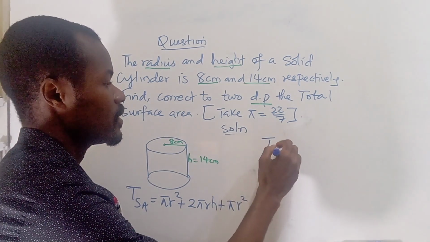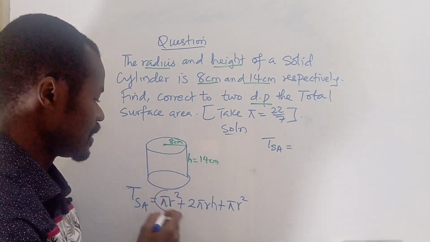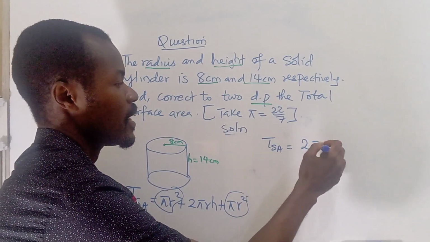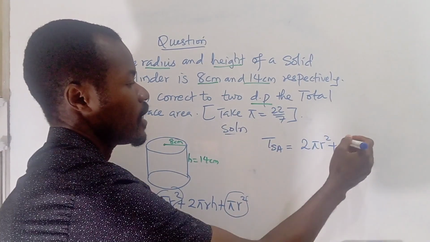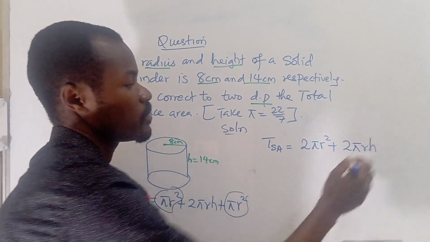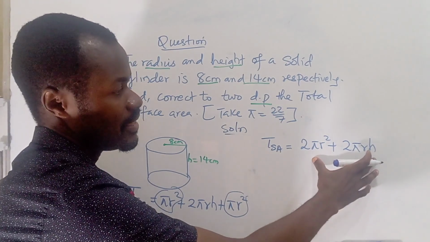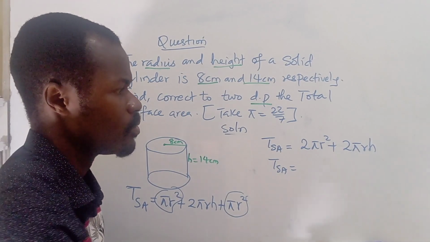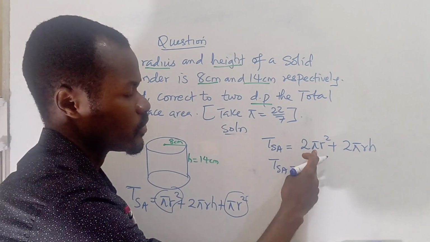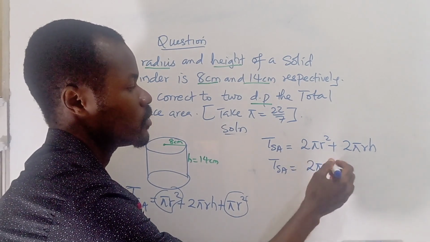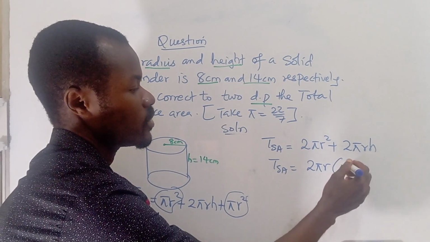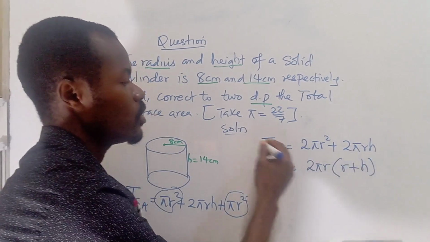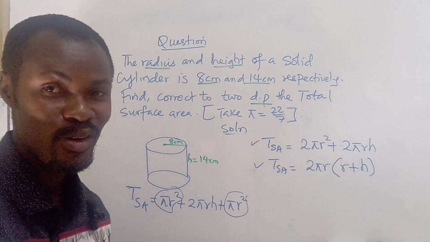Now this is similar to this, so if they add up, we have 2 pi r squared plus 2 pi r h. We can leave it as is to solve, or we can also factorize. I can see that 2 pi r is common, so I bring out 2 pi r. Dividing this by 2 pi r, we get r, and dividing this by 2 pi r, we get h. So we can use either of these to solve the problem.